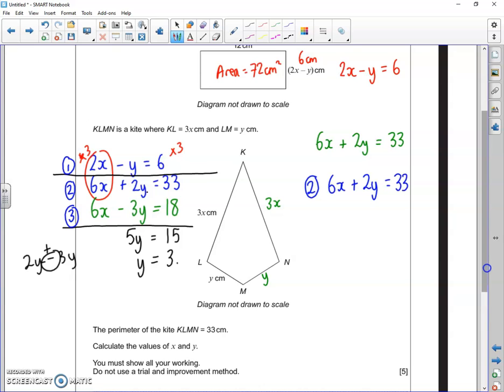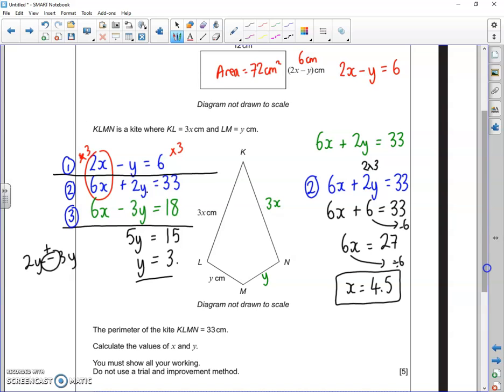I know that y is 3, so 2 3's must be 6. So 6x plus 6 equals 33. Take away the 6, leaves us with 27. And then divide by 6, we get 4.5. So x is 4.5 and y is 3.